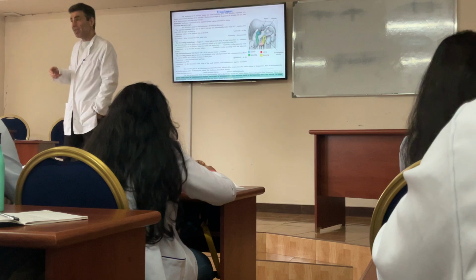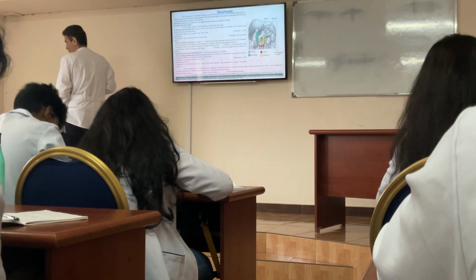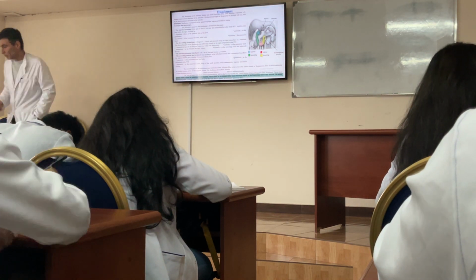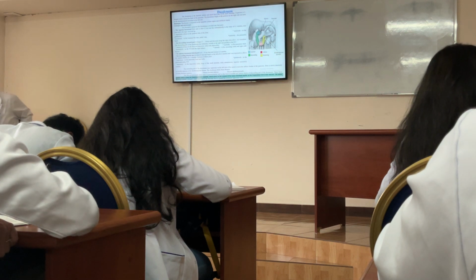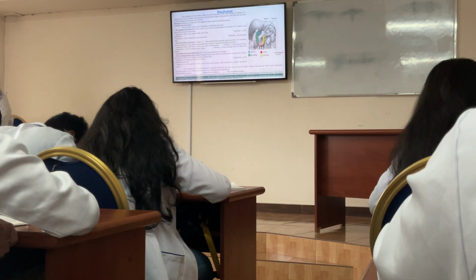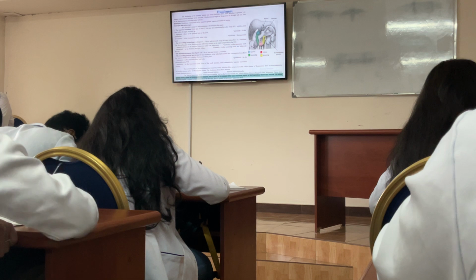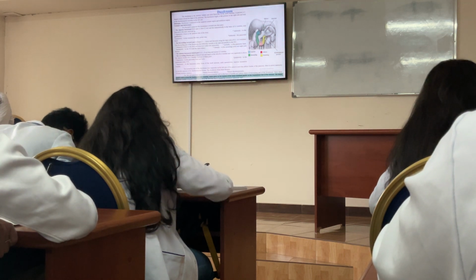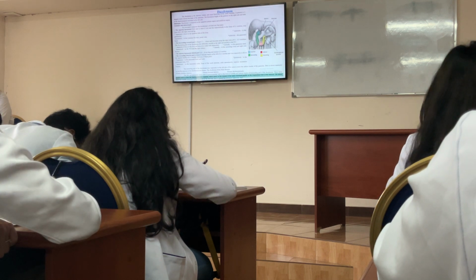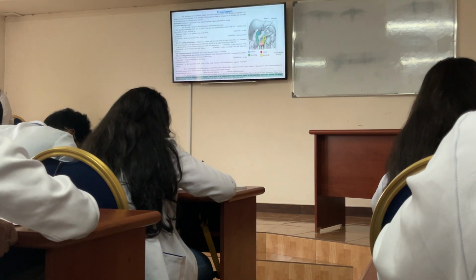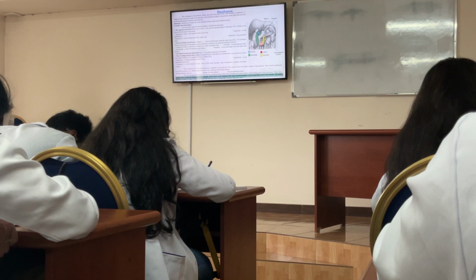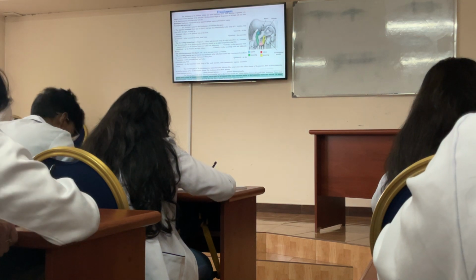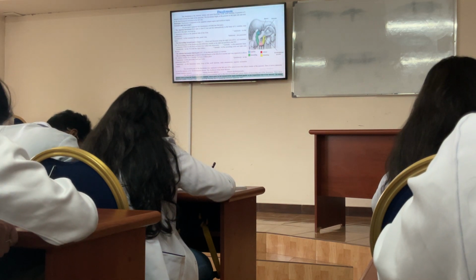Medially to it, again we have the head of the pancreas. Inferiorly to it, we have the loops of the small intestine, which is located in front of the parietal peritoneum, which covers the descending part.